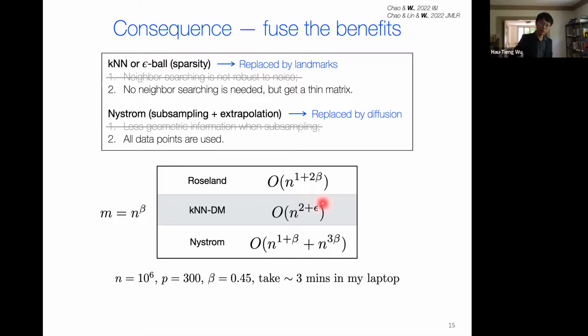Although Roseland is slightly worse than Nystrom, it is kind of acceptable, as we will show later. One example is when n is 1 million and dimension p is 300. If we take beta to be 0.45, on this small computer, the one I'm using to give my talk, a MacBook Pro 2017 model, it can finish in 3 minutes.